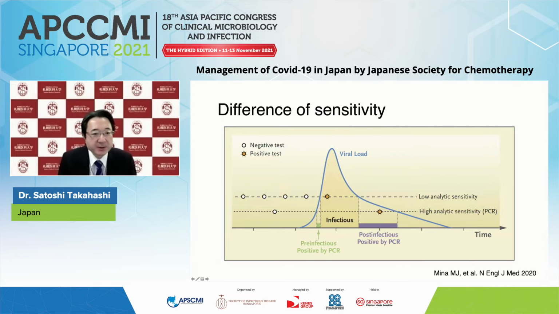This is a famous schema of viral load and PCR status, and this shows the rapid antigen test sensitivity. At onset of the infection the viral load is increasing, and then the viral load is decreasing. This is the status of post-infectious positive by PCR, positive only by PCR.